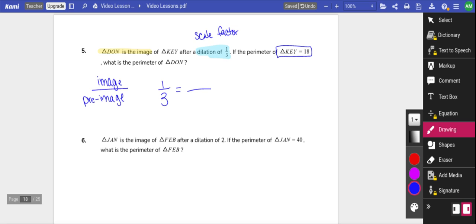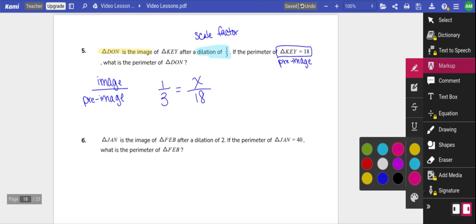So is Key my image, or is that my pre-image? It's my pre-image because Dawn was my image. So because that's my pre-image, it goes on the bottom of the second ratio. And I can put X on top because I'm looking for the perimeter of Dawn. Now I can cross multiply here.